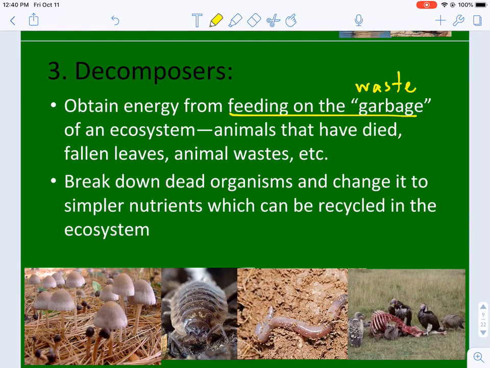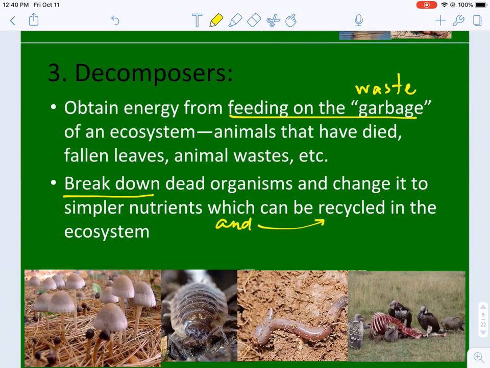Other organisms can use it. And another thing to think about and definitely add is they break down and recycle. This word recycle is important. They recycle nutrients in the ecosystem.